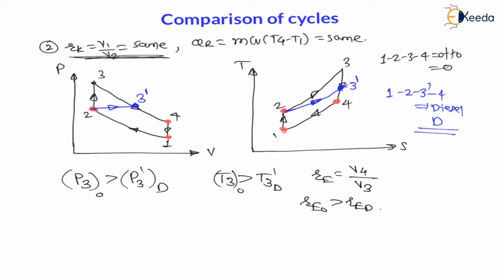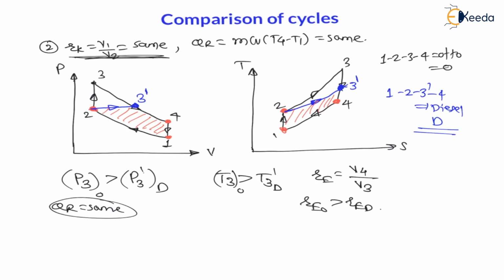Now, for both, heat rejection is the same. The area enclosed by the cycle is the net work. The area enclosed by the PV as well as the TS diagram is the net work. For diesel, this is the area enclosed by the PV diagram, and for diesel this is the area enclosed by the TS diagram. For Otto there is an extra area compared to diesel.